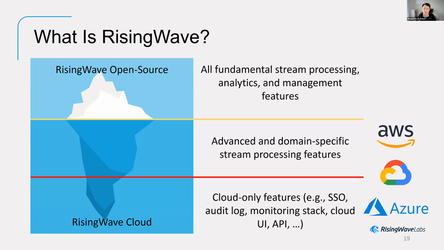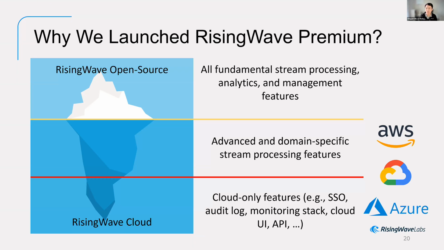A lot of people probably don't want to purchase a Datadog or a New Relic, such a pretty expensive monitoring stack. We actually cover everything for you. And definitely in RisingWave Cloud, you can also get a Cloud UI as well as an API. And you can use RisingWave Cloud on all three cloud providers: AWS, GCP, and Azure.